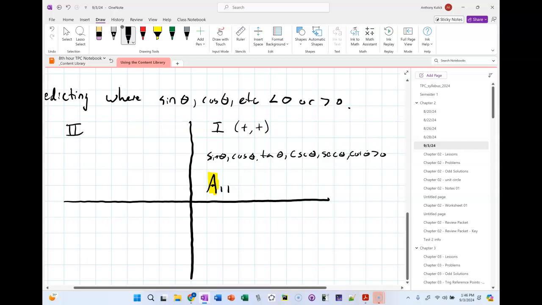If I look at quadrant 2, x is positive or negative? Negative. Y is positive. So anything with an x in it is going to be negative, right? So cosine, secant, tangent, cotangent, all of those are negative.